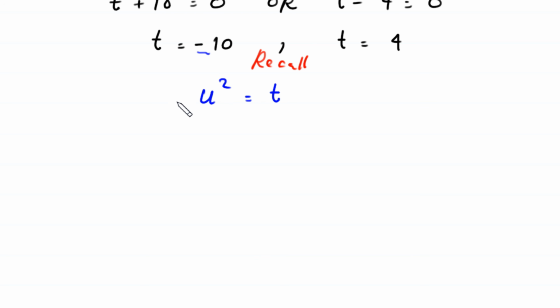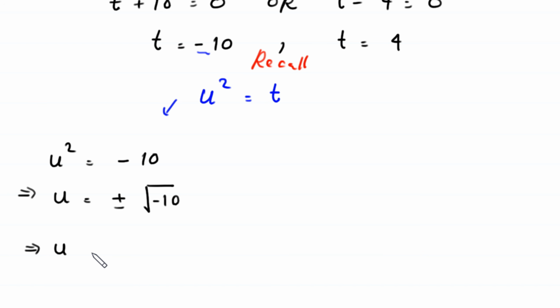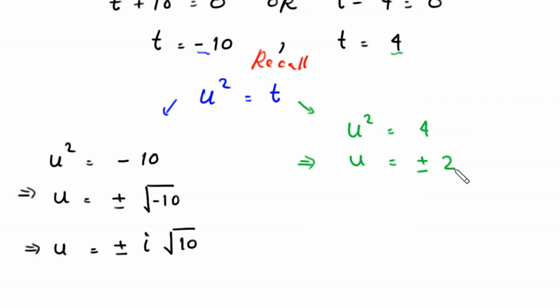When t is -10, then u^2 = -10. If we take the square root of both sides, u is equal to plus or minus the square root of -10. This implies that u is equal to plus or minus i times root 10. And when t is 4, then u^2 = 4. If we take the square root of both sides, u is equal to plus or minus 2.